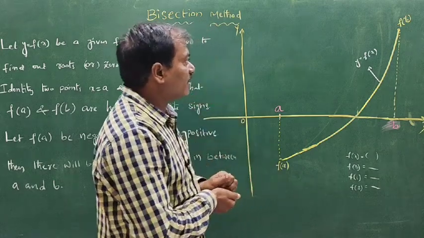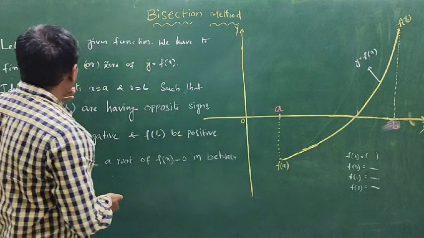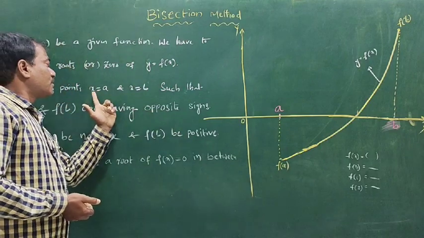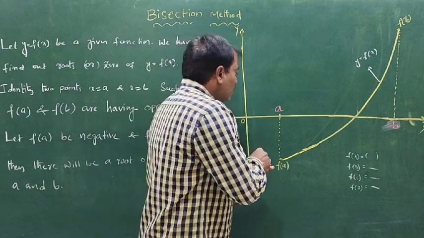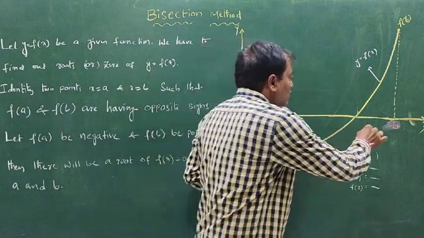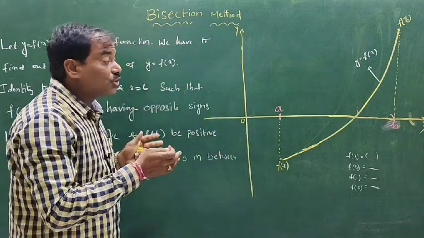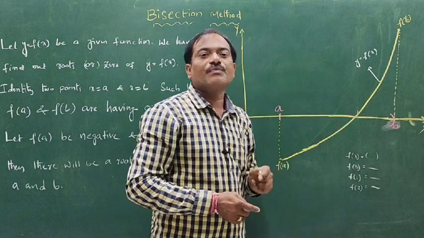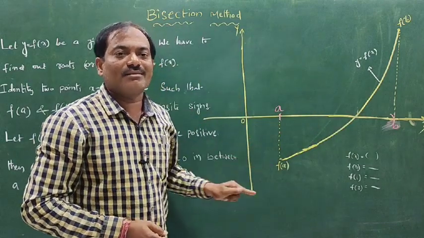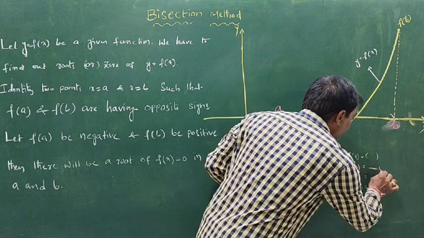So here, by using this trial method, we have to find x equal to a and x equal to b, meaning we have to find the interval. These are the end points of the interval. By the trial and error method, when we substitute f of a, we get a negative value.